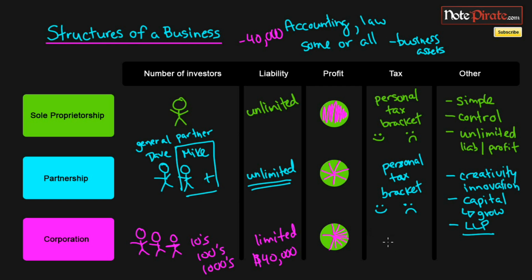And the tax bracket, it's a bit different. You have a corporate tax bracket, which is normally below the personal tax bracket. I think it's like 18 to 20%, I believe, depending on what country you're in.